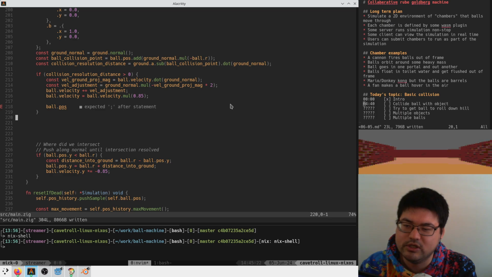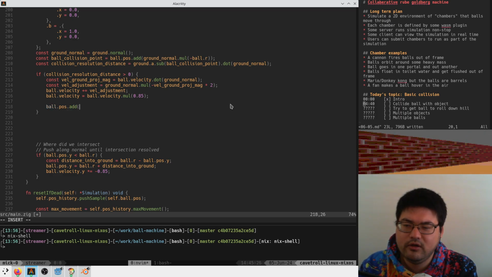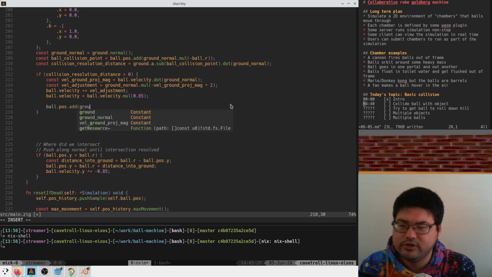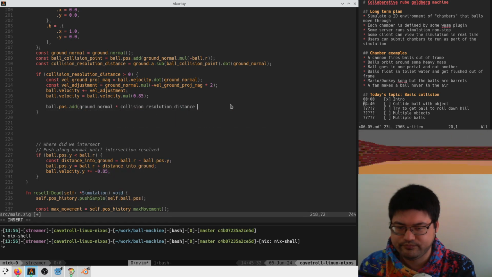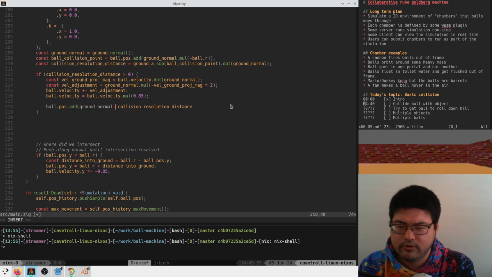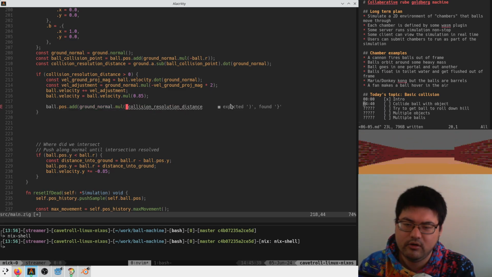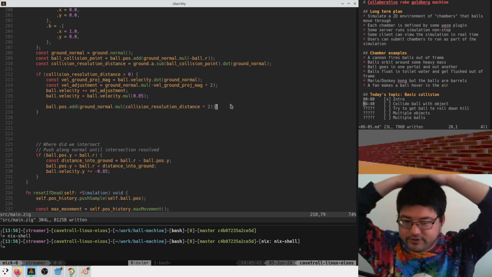And then the position is just add the ground normal times the collision resolution distance times 2. That feels right to me.